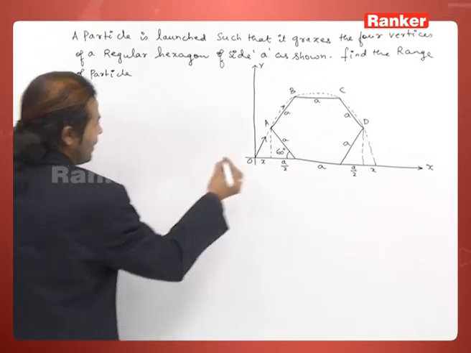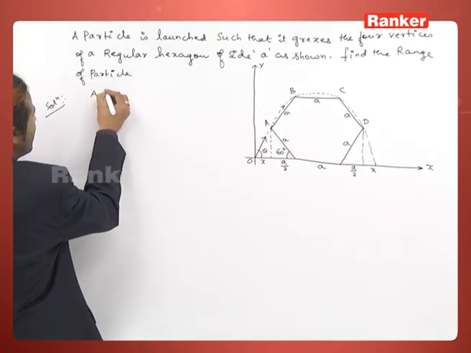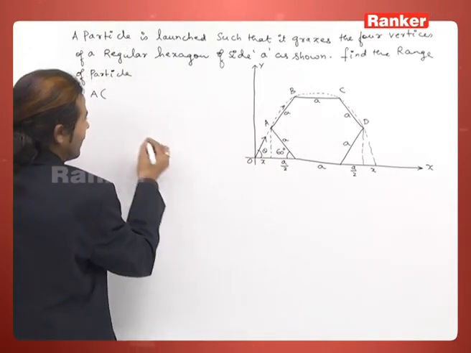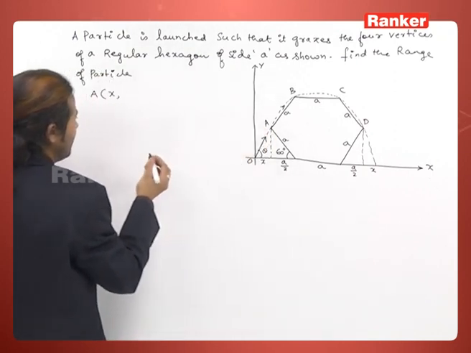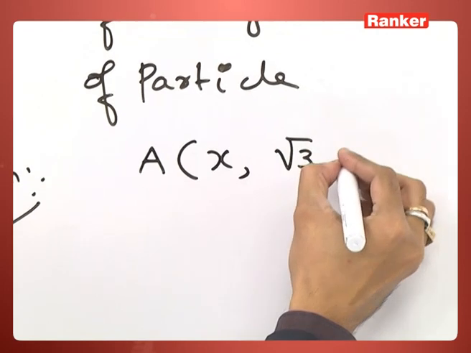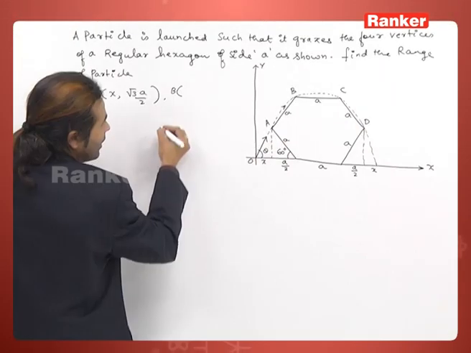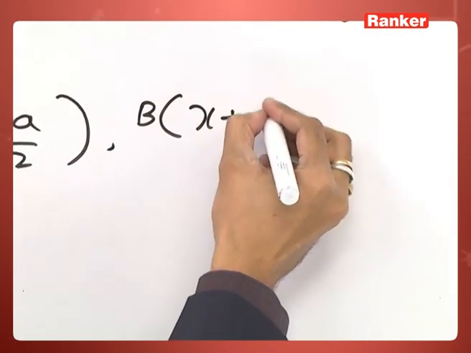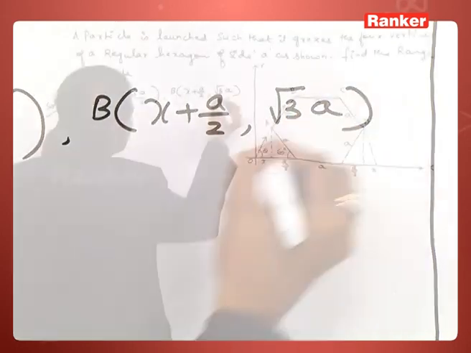Now let us have the coordinates of the points. So A point, let us say this is projected with an angle theta. A coordinate is x comma a sin 60, root 3 a by 2, and B coordinates will be x plus a by 2 comma root 3a.